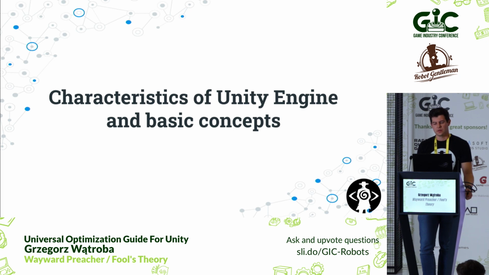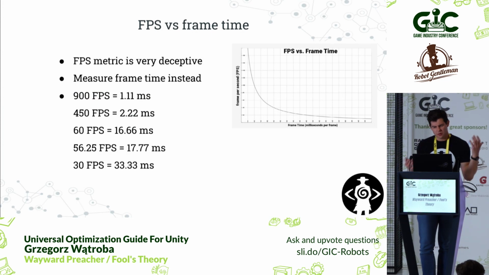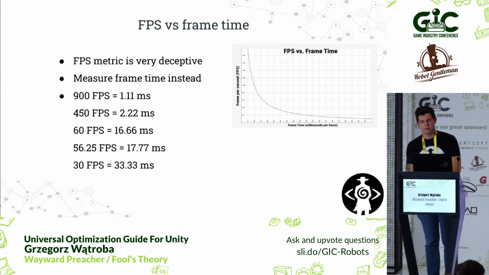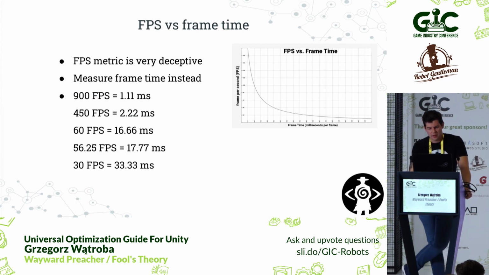So let's start with basic info on how Unity operates, which will show why we love working with it, and at the same time, why we might have some efficiency problems. A common way that gaming people measure performance is with frame rate, or frames per second. This can be a deceptive metric, so when you're gauging application performance, try using frame time instead.